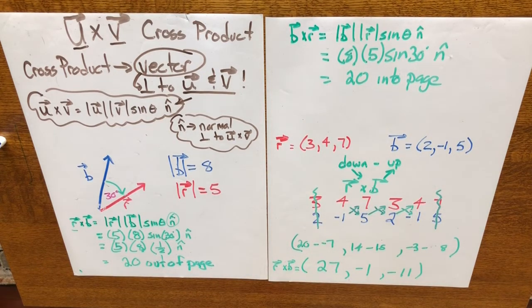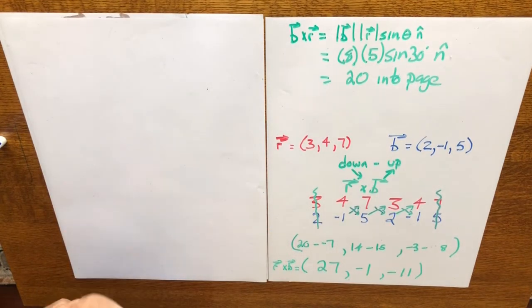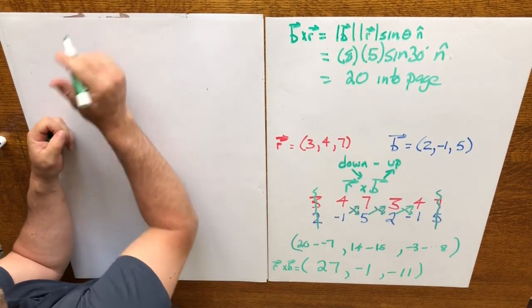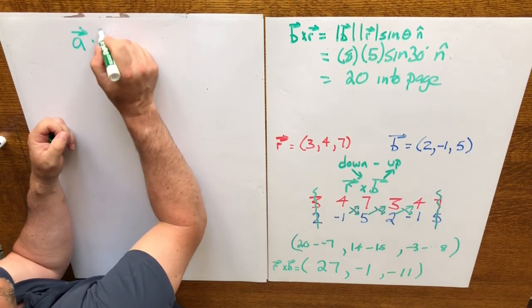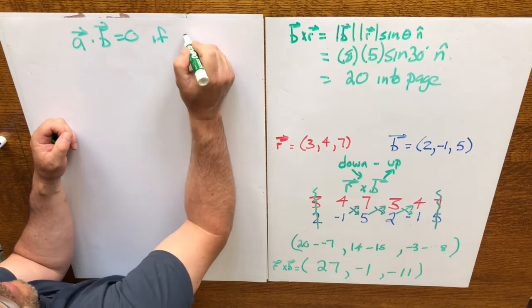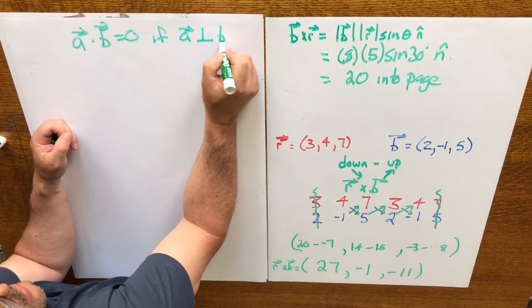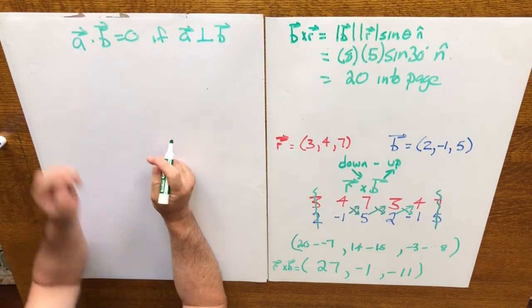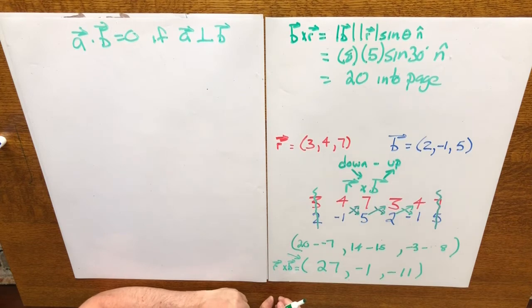So to finish off, I want to show you how I know they're perpendicular. And I'm going to take you back to the dot product and remind you that when you do the dot product of two vectors, A dot B will equal 0 if A is perpendicular to B. Well, we know that this green vector down here is perpendicular to both of those.